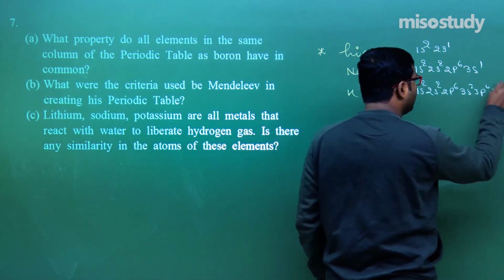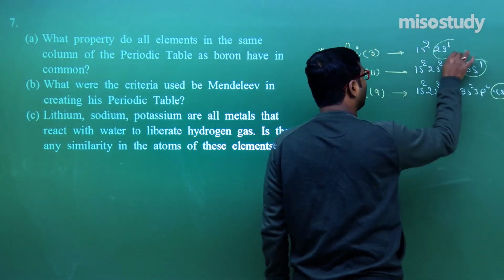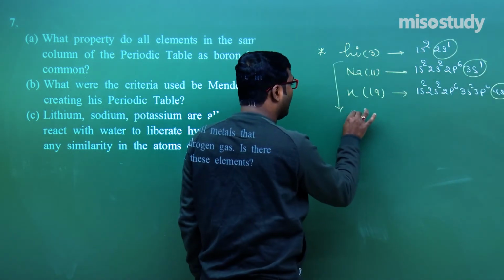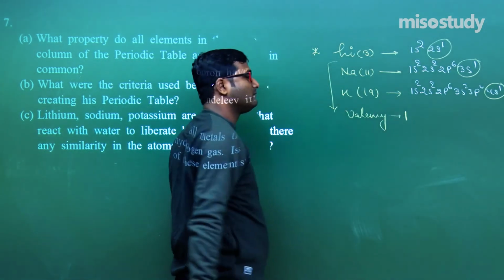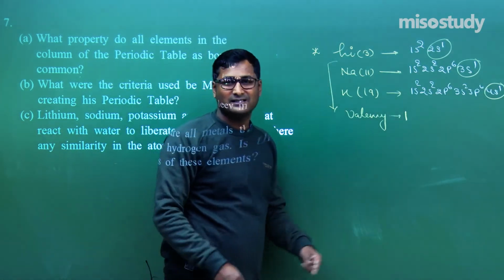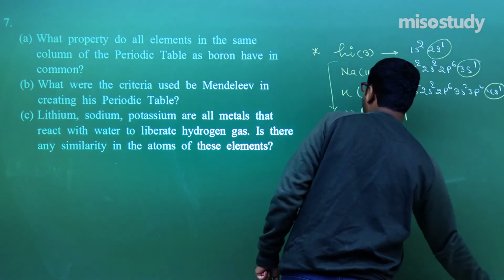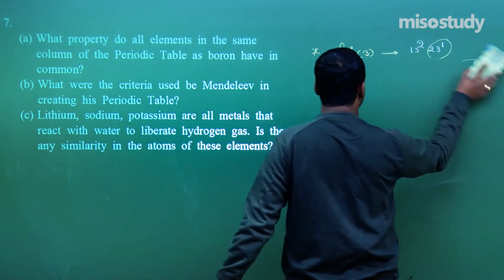All have the same valency, that is valency 1. This is the similarity, and definitely they will have similar chemical properties also.